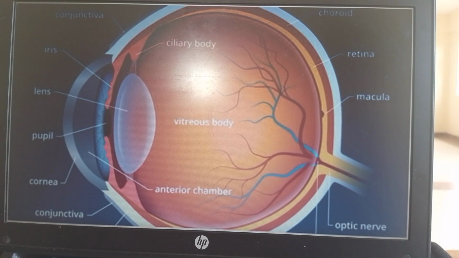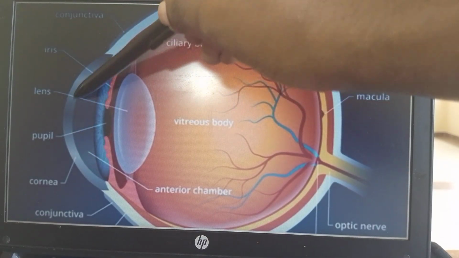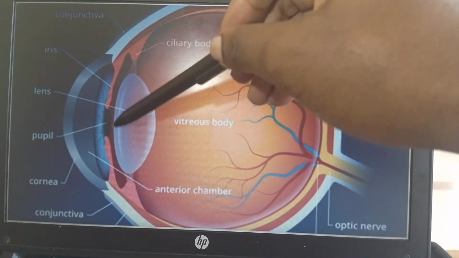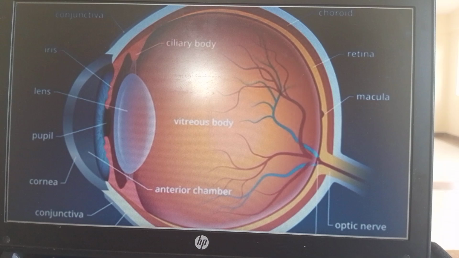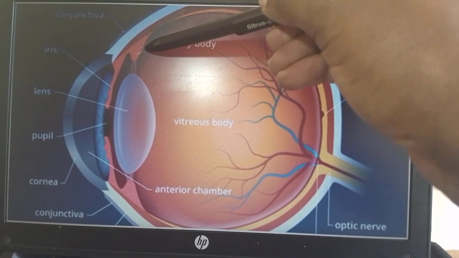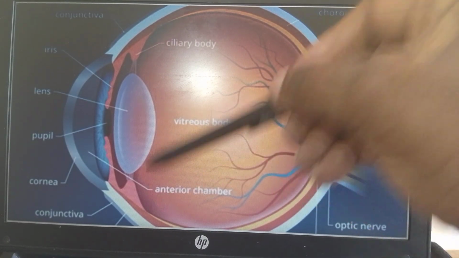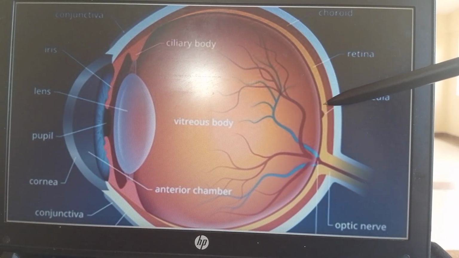The anterior segment of the eye begins from the posterior aspect of the cornea to the anterior aspect of the lens. The posterior segment of the eye begins on the posterior aspect of the lens and spans all the way to the retina.